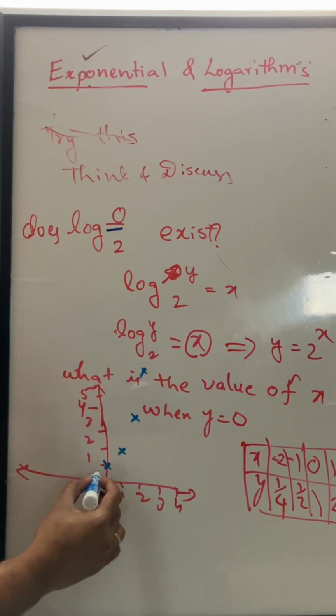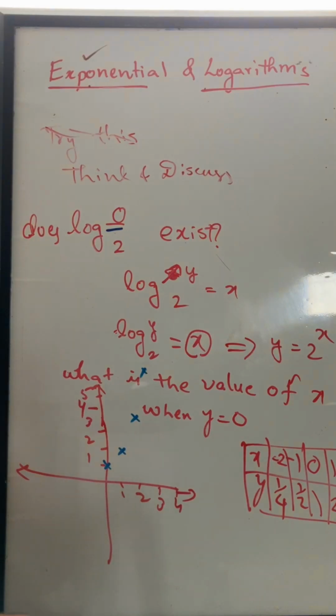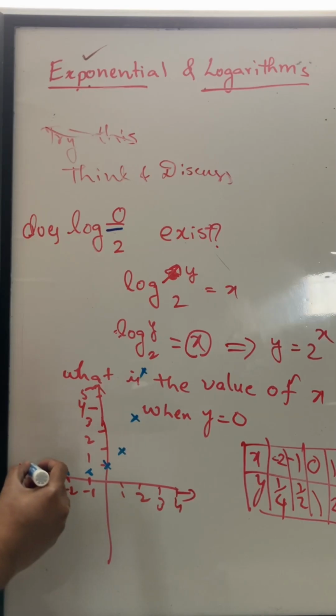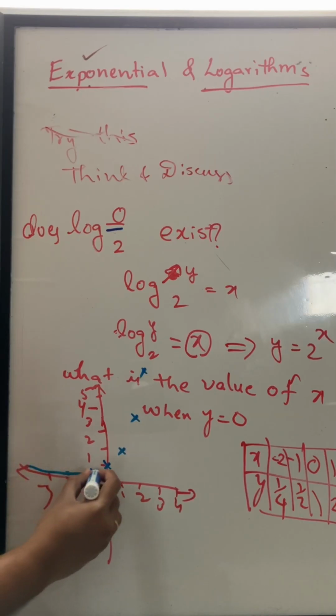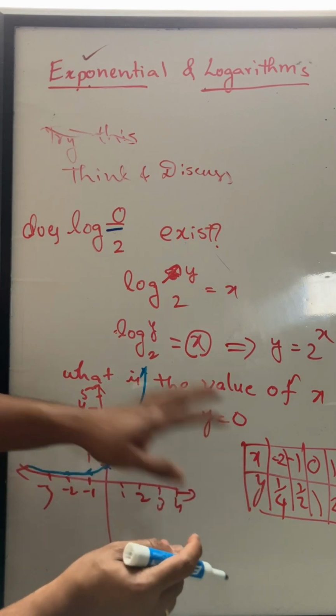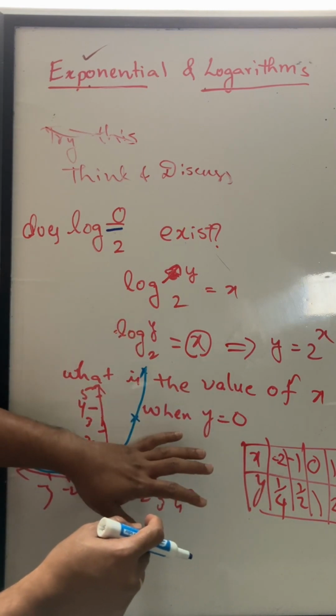And here also, when x equal to -1, -2, -3, it will become half, quarter. So the graph is this one, right? We already discussed all these things in the previous class.